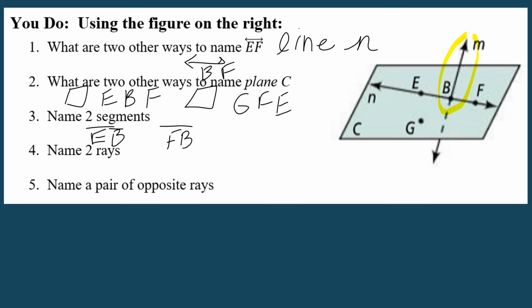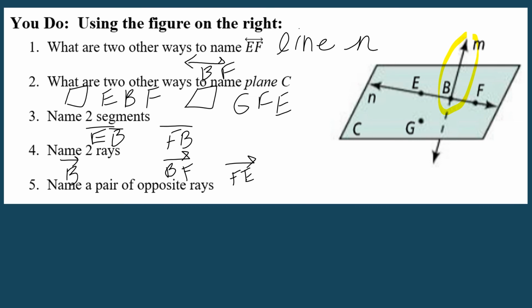So we could possibly name it ray B, but the easier options would be ray BF, and you could also do ray FE. So there are definitely different options there.